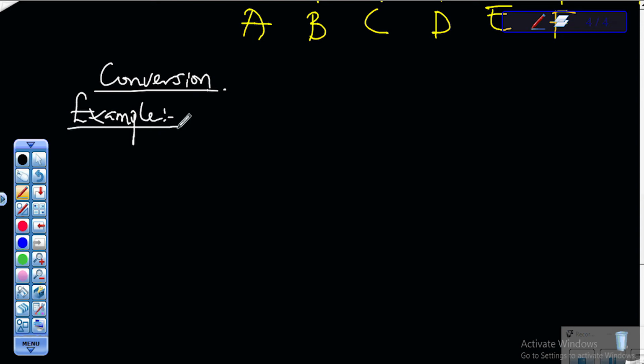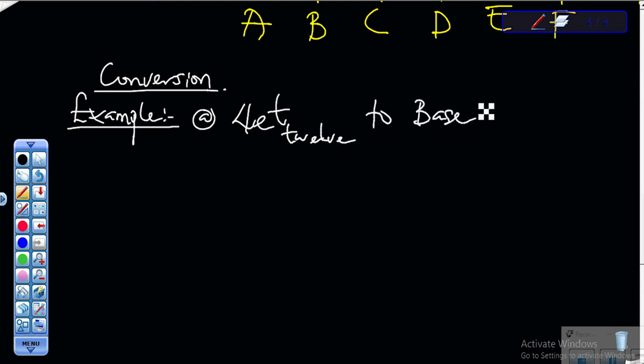Let's look at 4ET base 12 to base 10. What will happen if you have to convert 4ET base 12 to base 10? Something like that has been stated earlier.